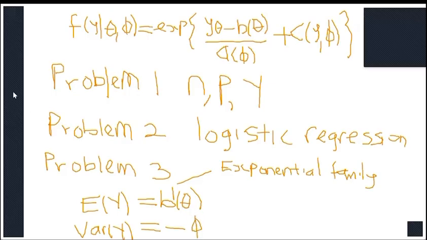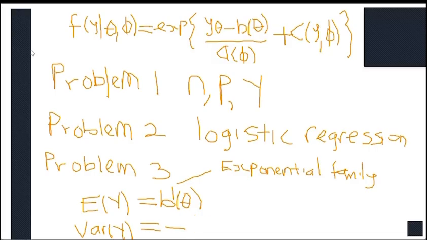Give me 1 second, I'm going to write that. The variance is a of phi multiplied by the second derivative of b of theta. So this is the formula that you are going to use in figuring that out.